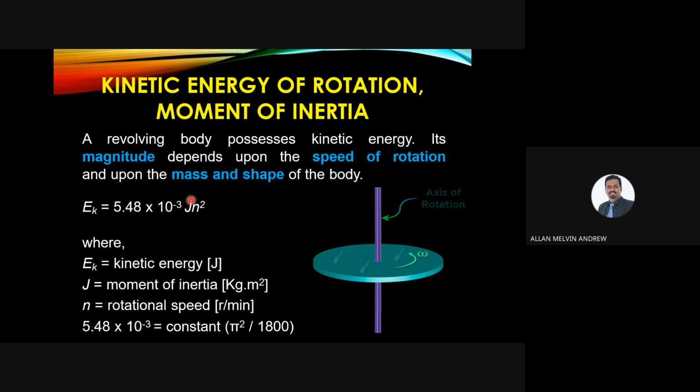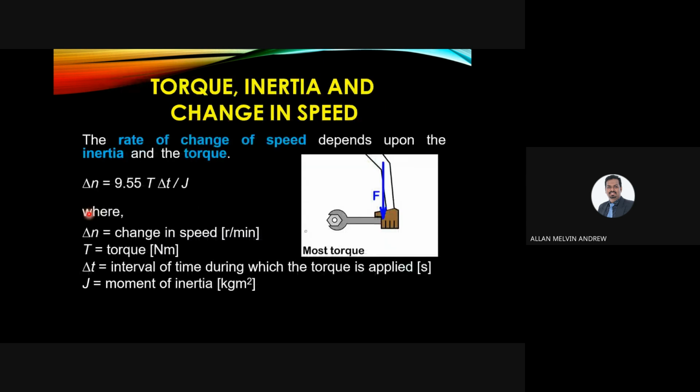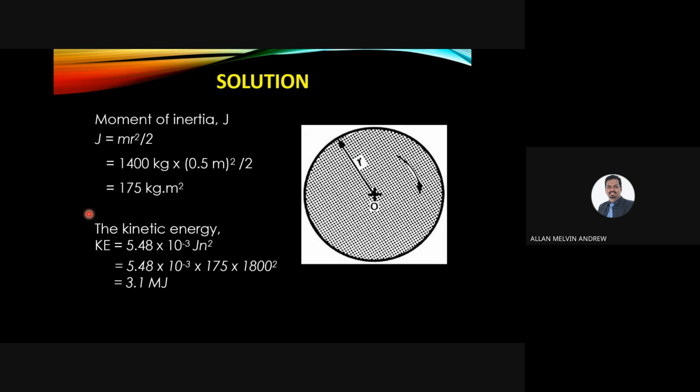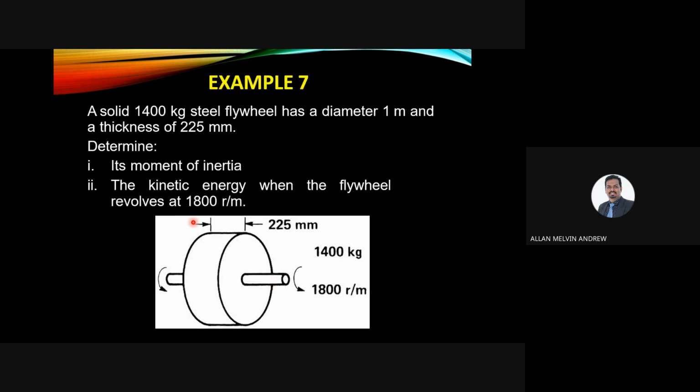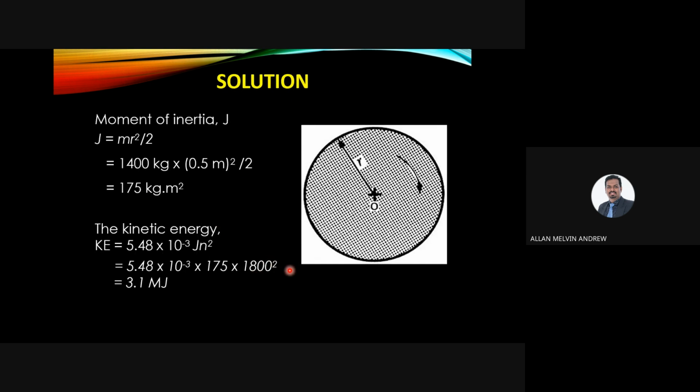So for us to find the kinetic energy, you replace the values. J we already found, so 5.48 times 10 to the power of negative 3 times 175 times n square, where n is 1800. It comes from the question: 1800 revolutions per minute. So the kinetic energy is 3.1 megajoules.